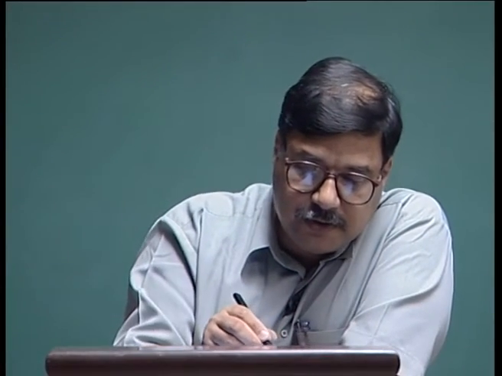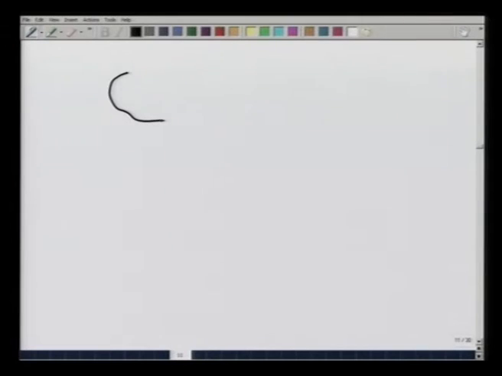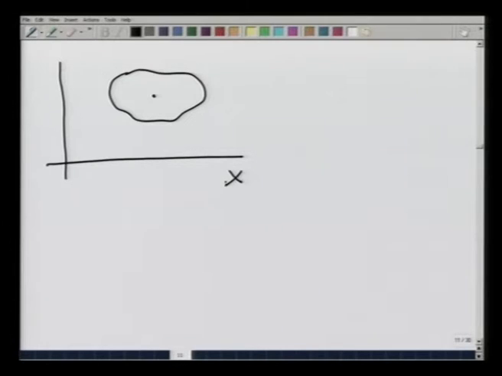Thus, suppose I have an area with the centroid with respect to a given set of axes x and y with origin at O, such that the coordinates of its centroid are x_0 and y_0.